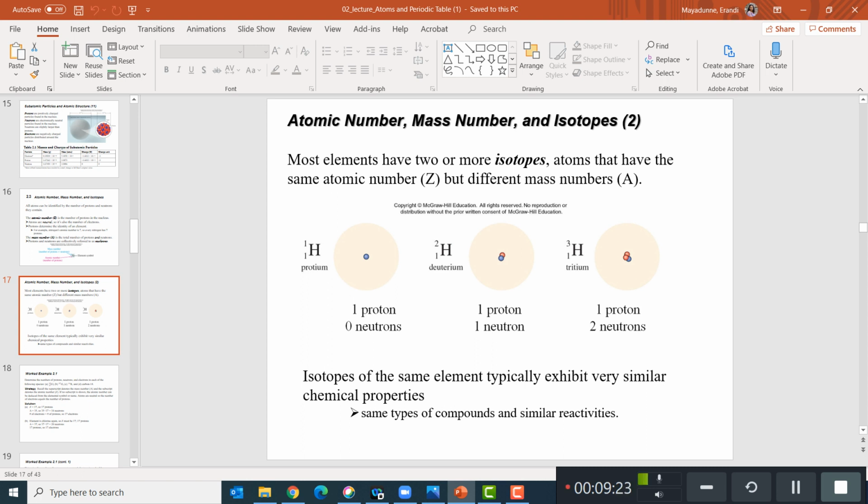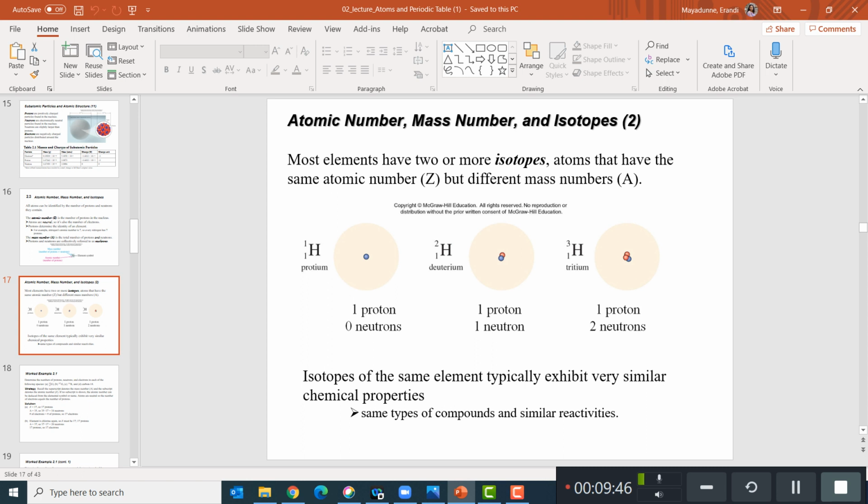What does that mean? Hydrogen has one proton and one electron. Look at deuterium, 1, 2. So where does the 2 come from? The 2 is the mass number, so one proton and one neutron. Here, 1, 3, one proton and two neutrons.